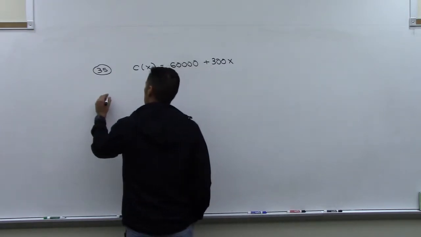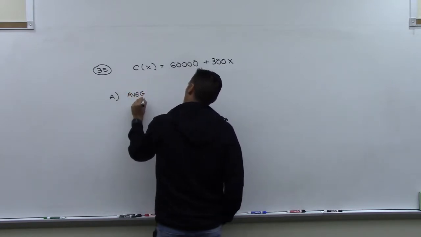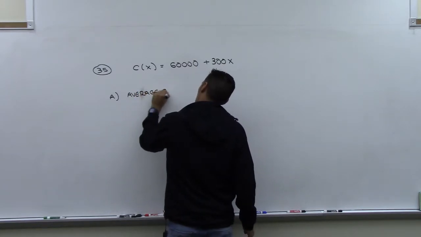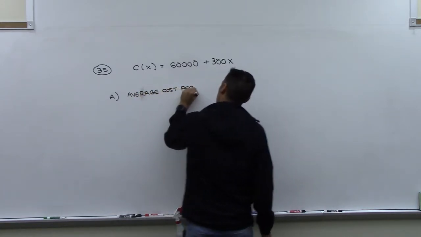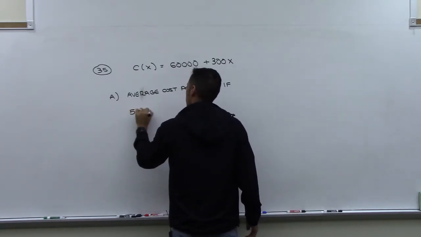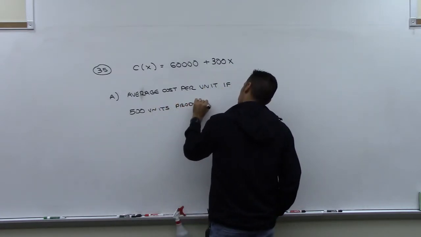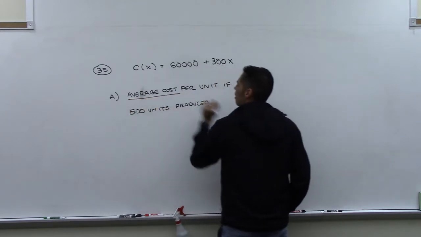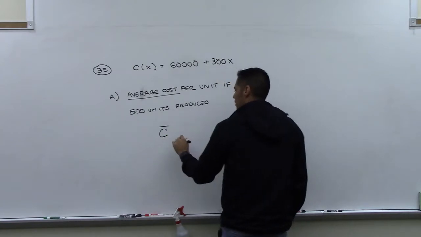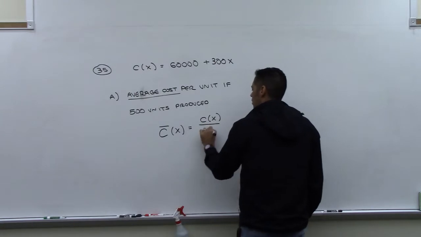Okay, so first of all, for part A, they want the average cost per unit if 500 units are produced. So the first thing we need to know is what is the average cost function? Well, the average cost function, we use that capital C bar, is equal to the cost function divided by the number of units.